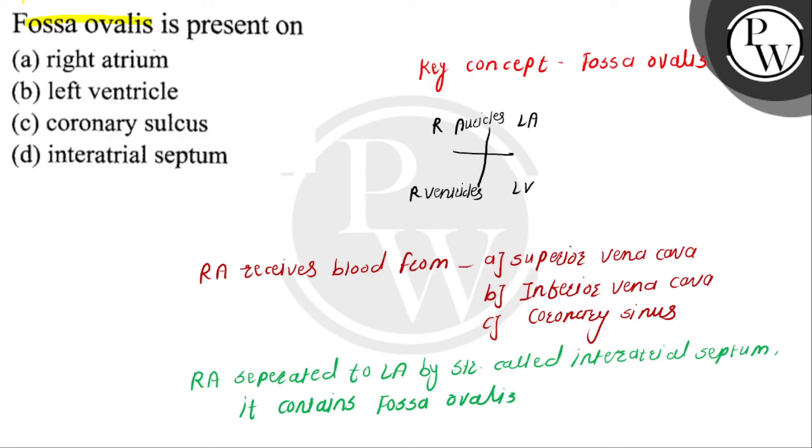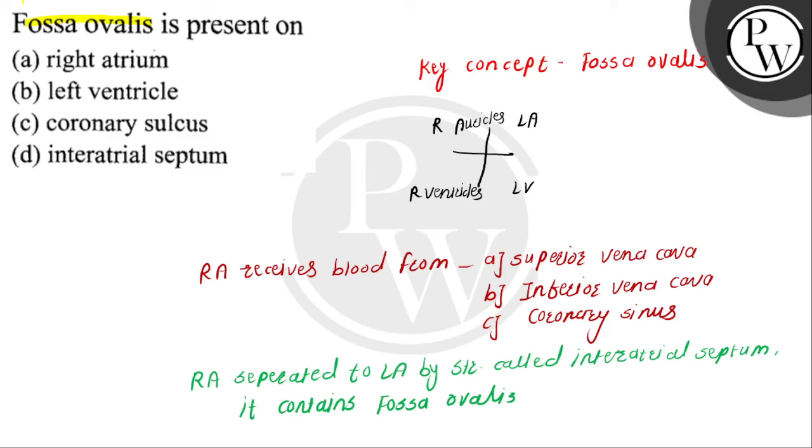This right auricle is separated from the left auricle, or left atrium, by a structure called the interatrial septum, and that interatrial septum contains the fossa ovalis. So your correct answer is option D, interatrial septum.